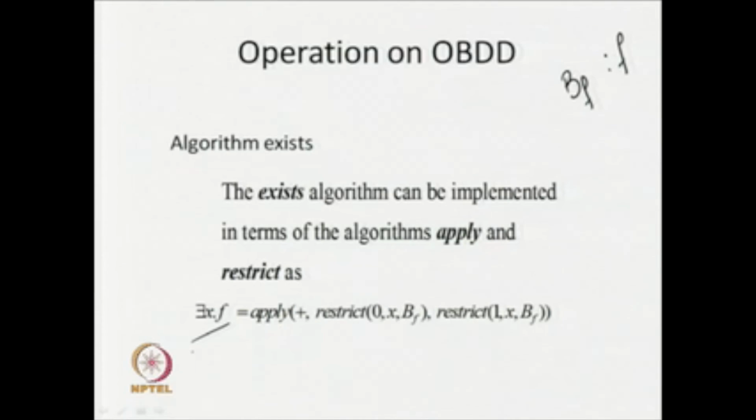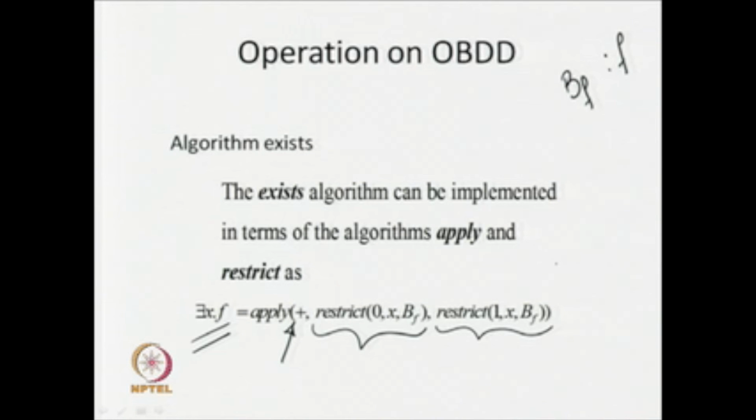So, that is why we can evaluate this exists x f with the help of this expression, using restrict x to be equal to 0 and restrict x to be equal to 1. In case of relaxation, we are going to say that x may be either 0 or 1. So, that is why we are using this OR operation, the plus operation. So, we are using apply plus on restrict 0 x B f and restrict 1 x B f.